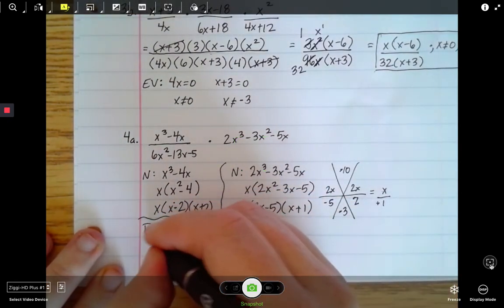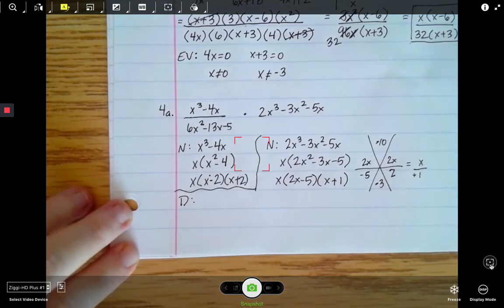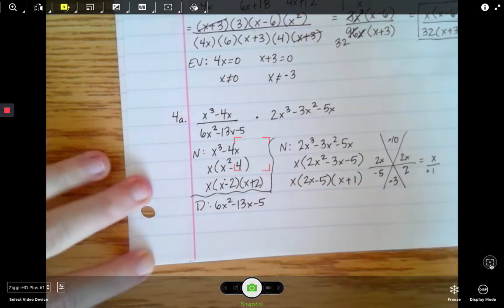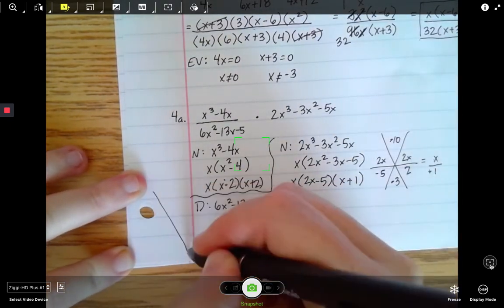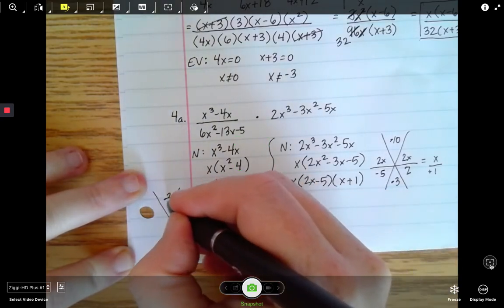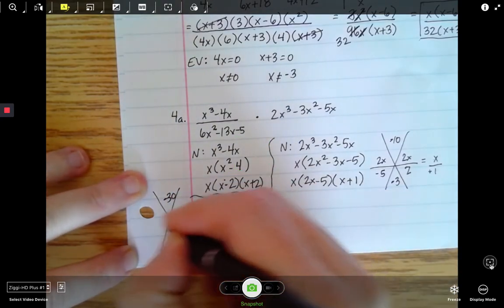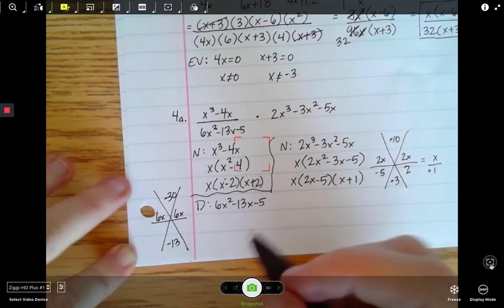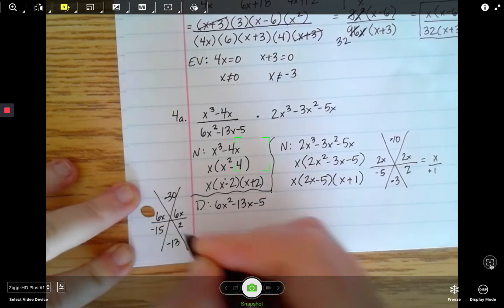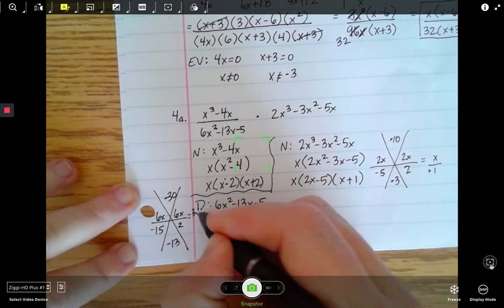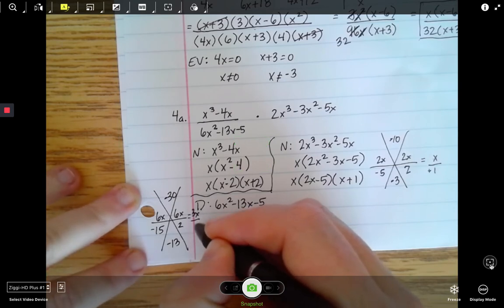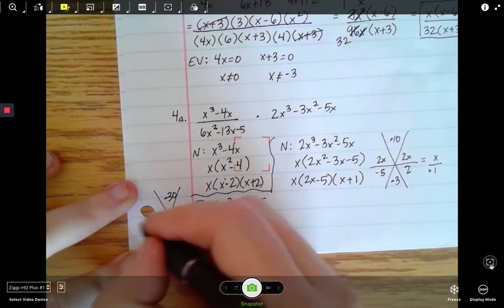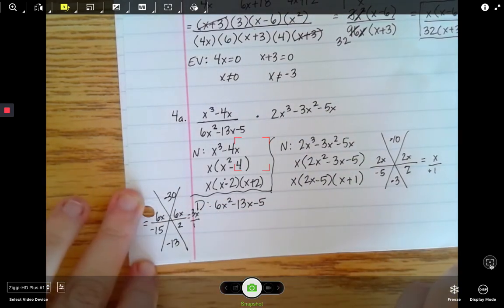Alright, now for my denominator. 6x squared minus 13x minus 5. I'm going to do it the same over here. Two numbers that multiply to give me negative 30 and add to give me negative 13. That's going to be negative 15 and 2. 6 over 2 simplifies to 3 over 1. 3x over 1. 6x over negative 15, excuse me.